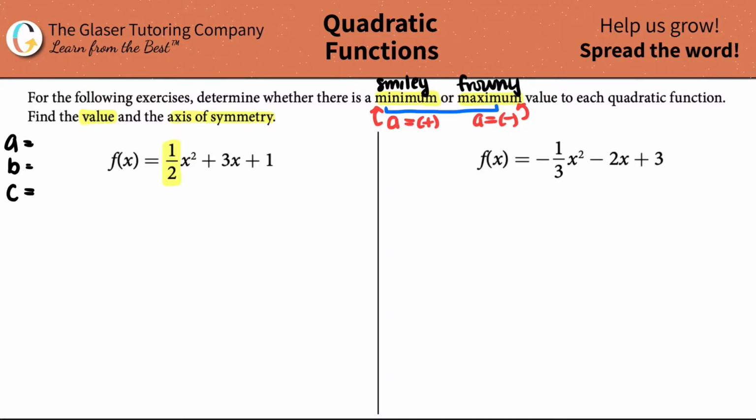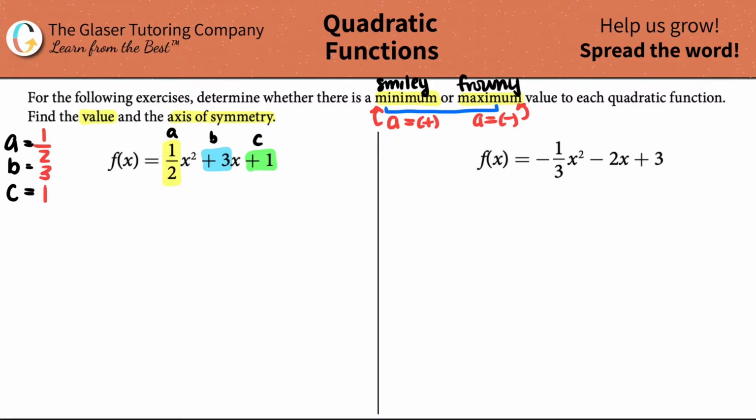The b value is always the one that's in front of just the x, and the c value is the one that's all the way at the end. So they have it nice for you, a, b, and c. Your a value in this case would be 1/2. Your b value would be a 3, and your c would be a 1.